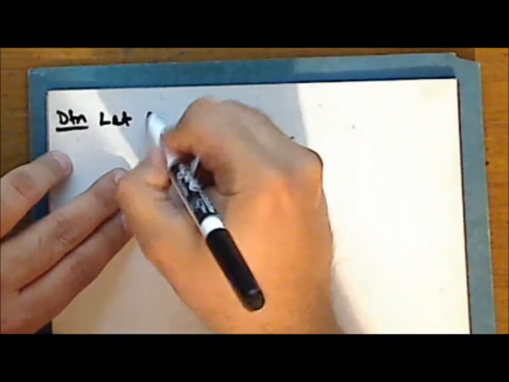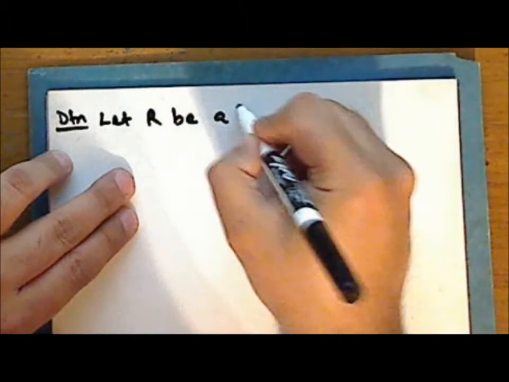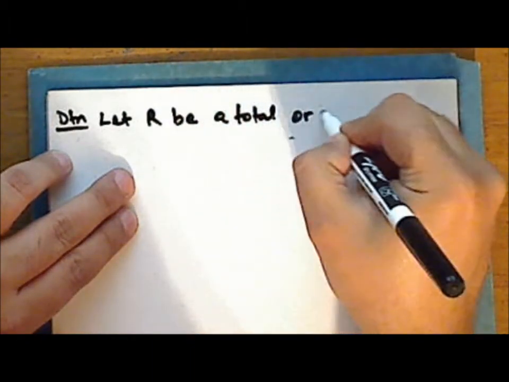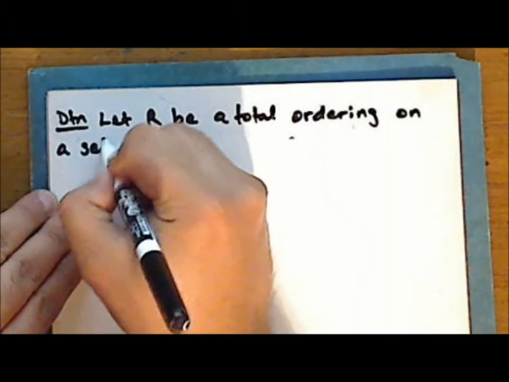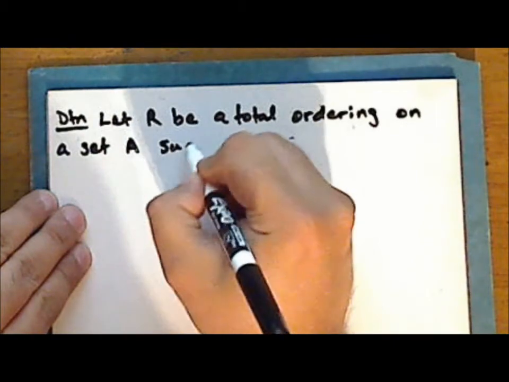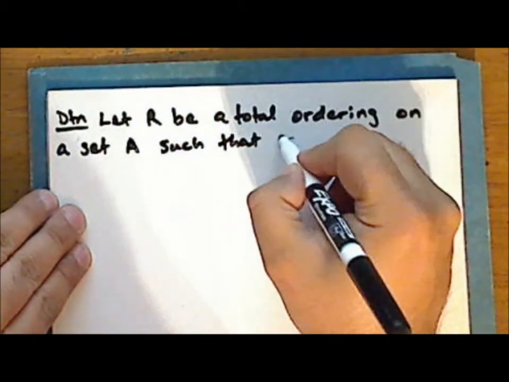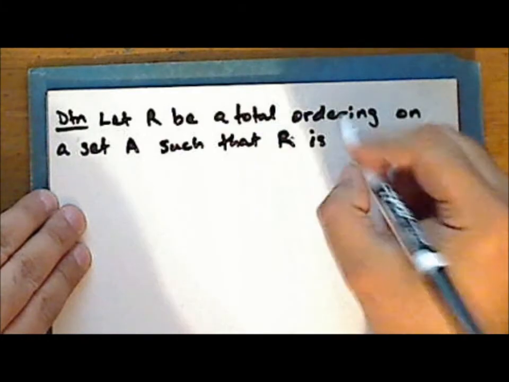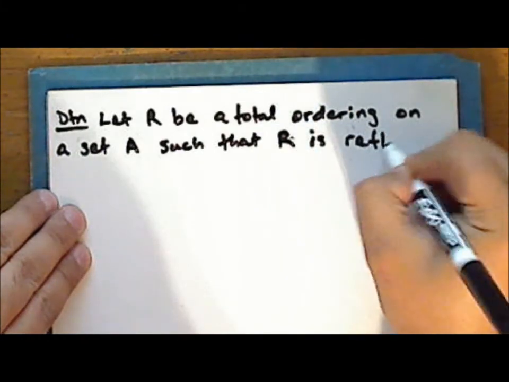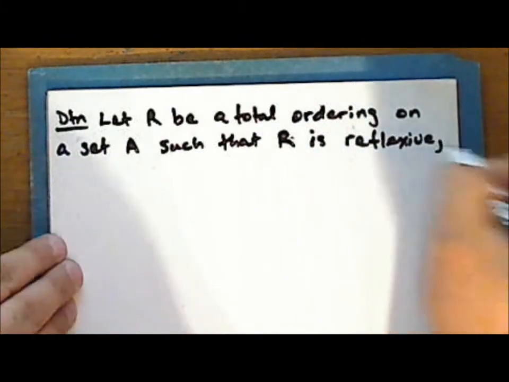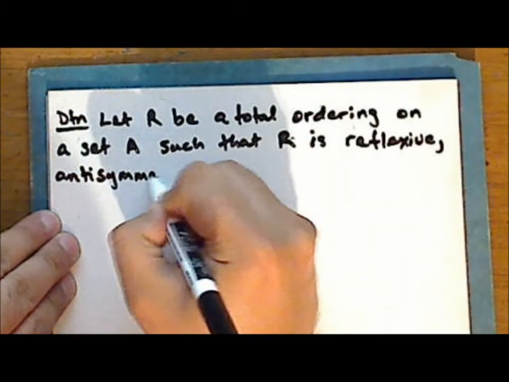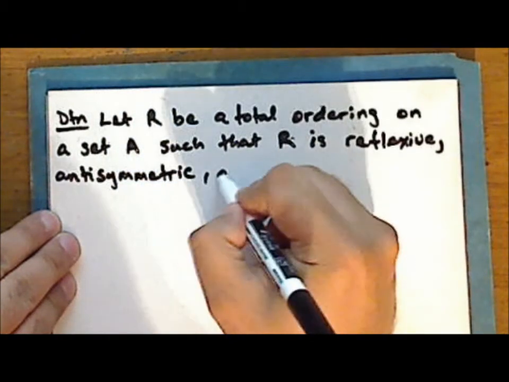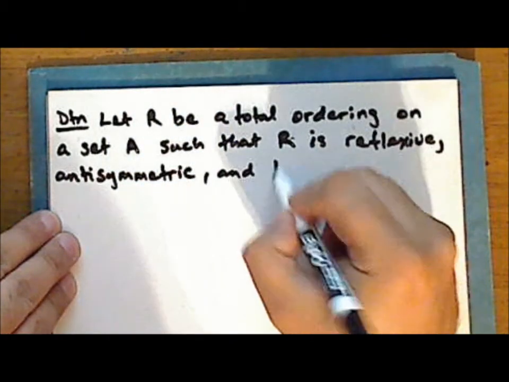So now a new definition. Let R be a total ordering on a set A such that the relation R is reflexive, antisymmetric, and transitive.